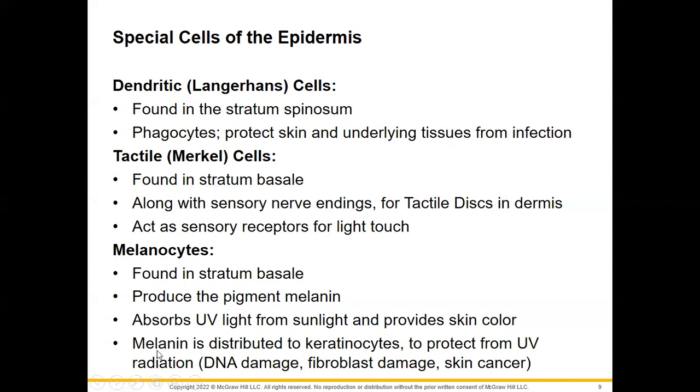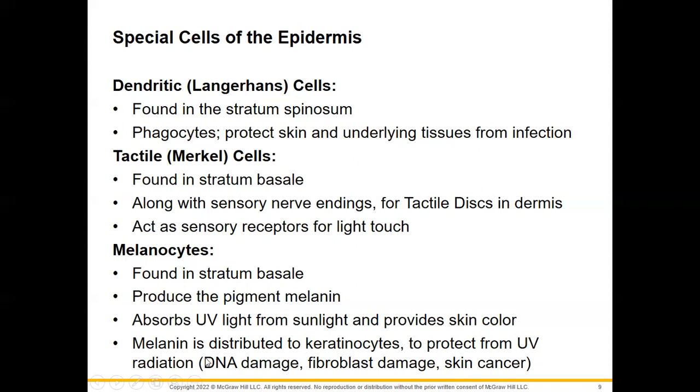So the melanin produced by the melanocytes will start to protect you from that DNA damage caused by the UV light of the sun. It also protects from UV light fibroblast damage. Remember, the fibroblasts are cells that build fibers, and it's protecting from skin damage, skin cancer.